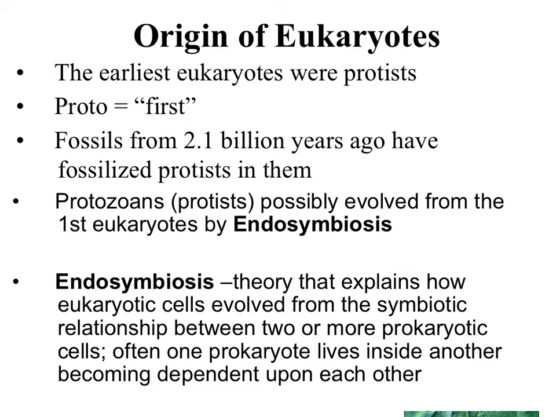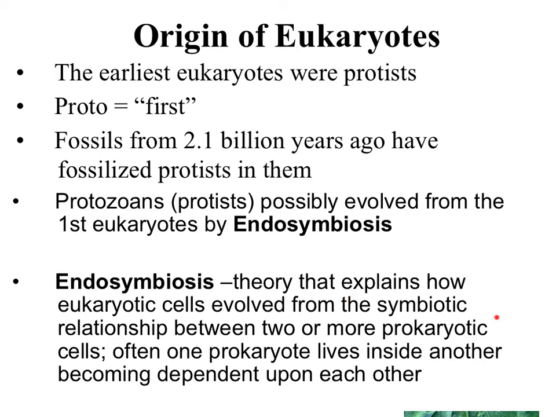Now there's this really cool theory called endosymbiosis, which basically explains how eukaryotic cells evolved from the symbiotic relationship between two or more prokaryotic cells. Basically, it says that a prokaryotic cell once entered another cell, and they became reliant on each other to a point of symbiosis.